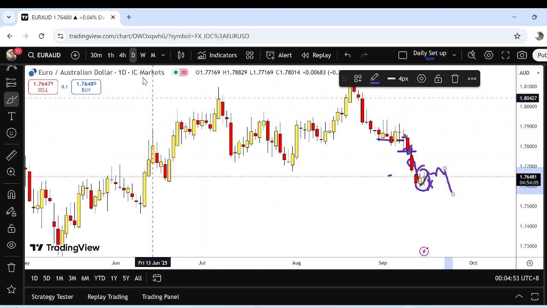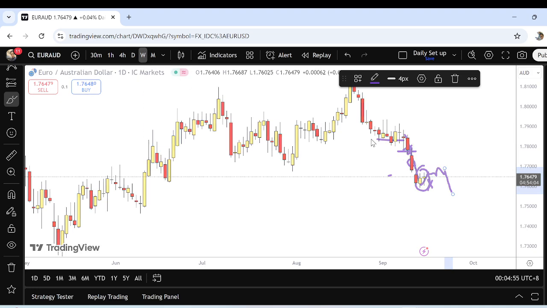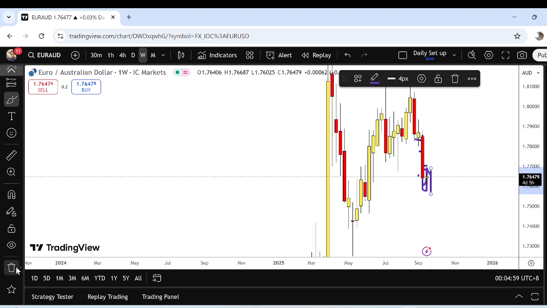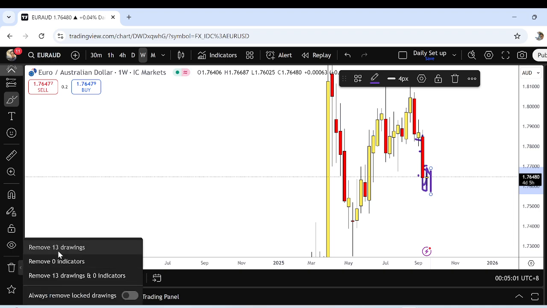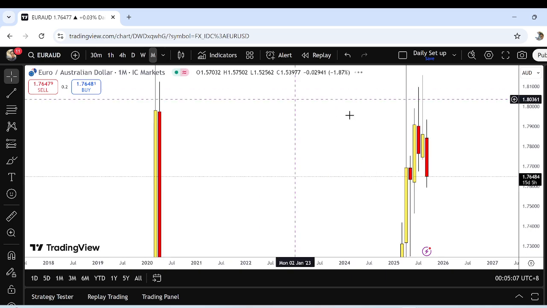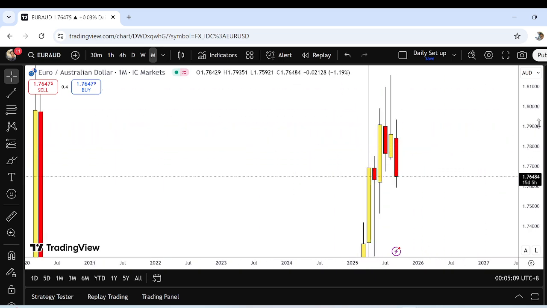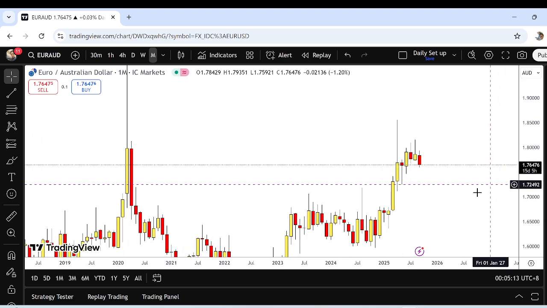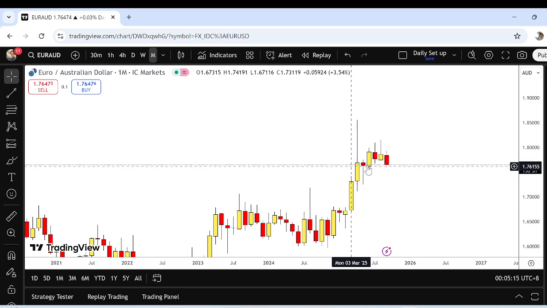But I'm not looking to buy either. The reason why I'm not going to buy Euro Aussie, let me give you from the higher time frame perspective. If you look from the monthly perspective, this is a coiling inside bar pattern.